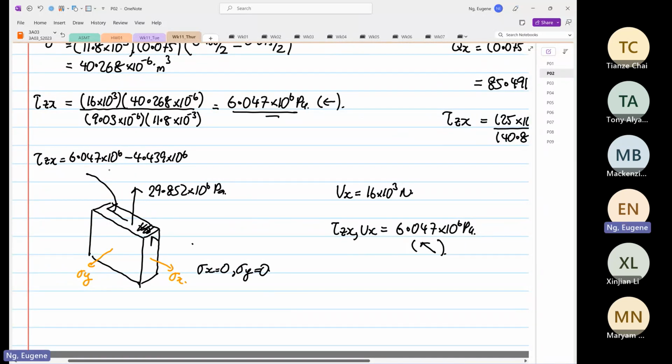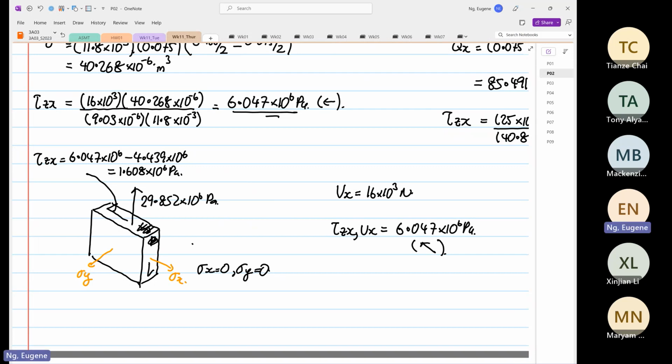So the magnitude is 6.047 minus 4.439, which is equal to 1.608 times 10 to the power 6 Pascal. So that is the direction of the shear stress. This one, this direction is not here. Now this is the direction of the shear. So this is how your element will look now.